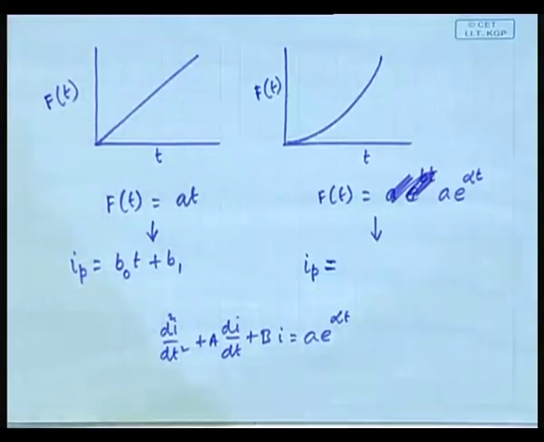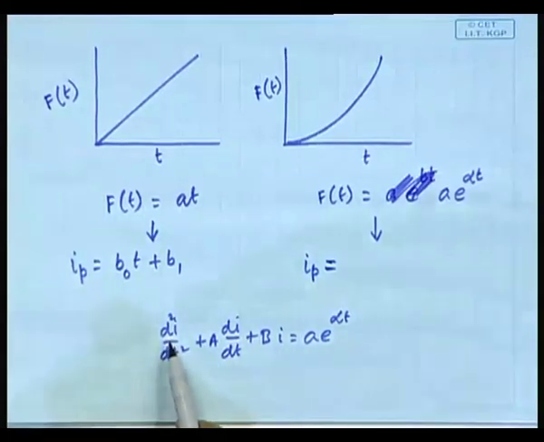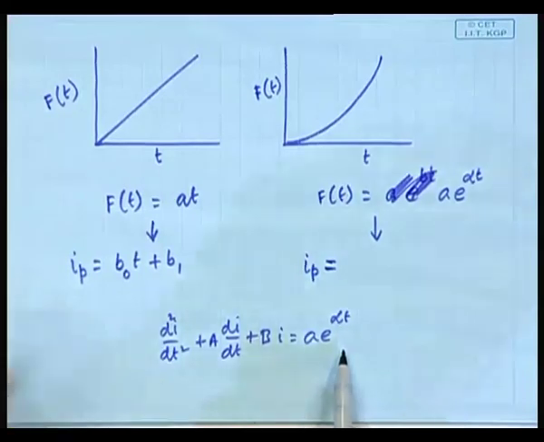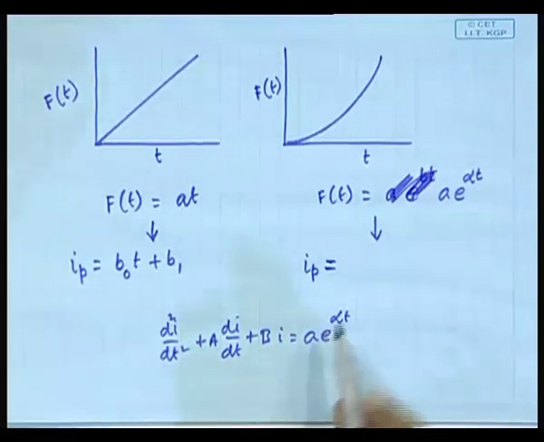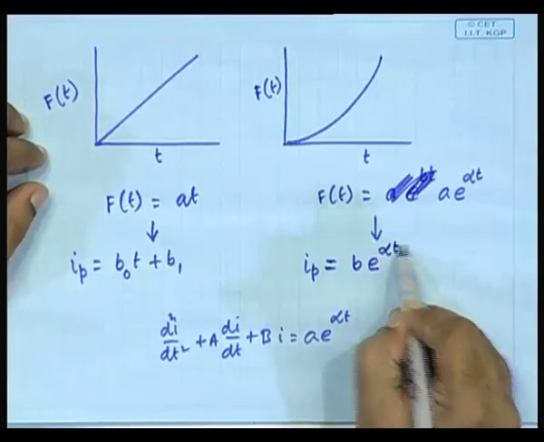That is the point: what should be the nature of I, so that this equation is satisfied? That is what we are trying to guess as a trial solution. It will never be solved unless the exponents are the same. And so, a trial solution might be b e to the power alpha t.